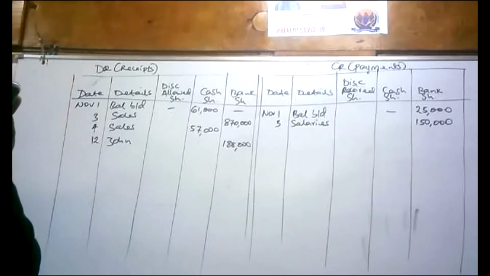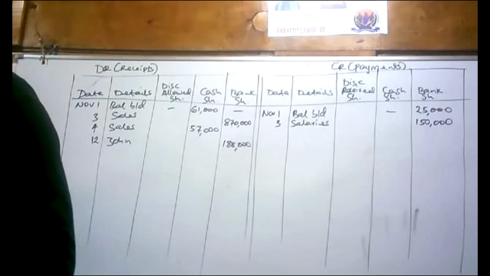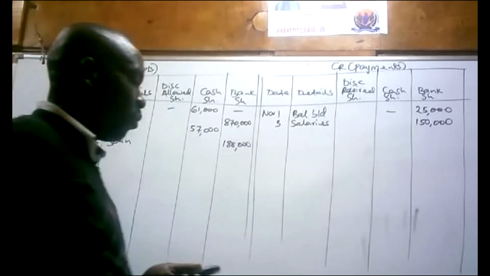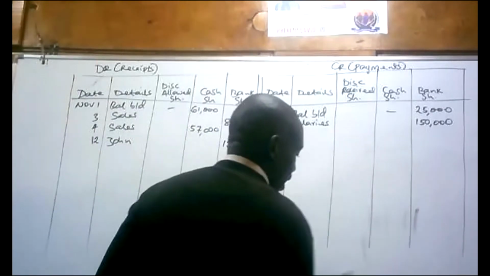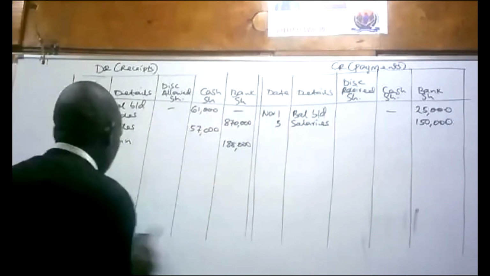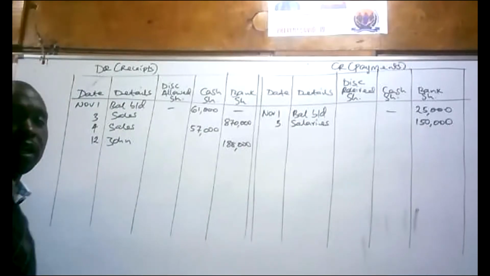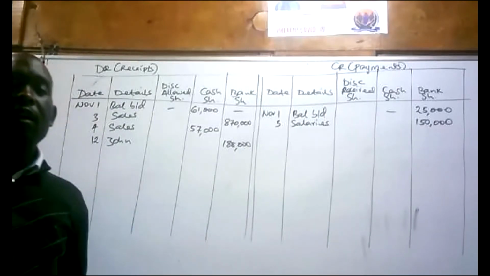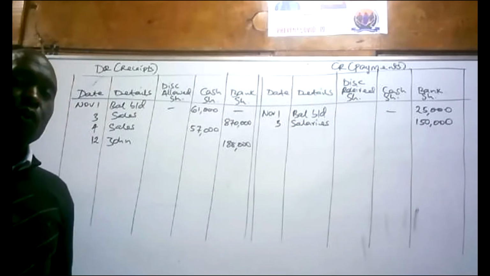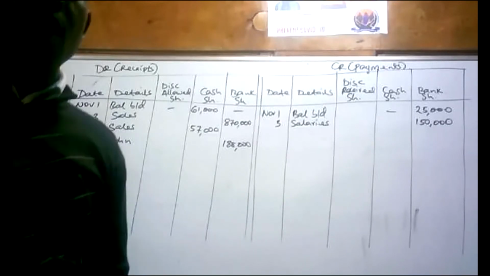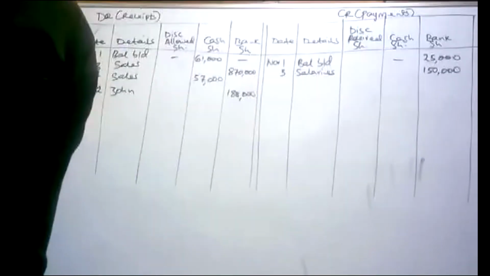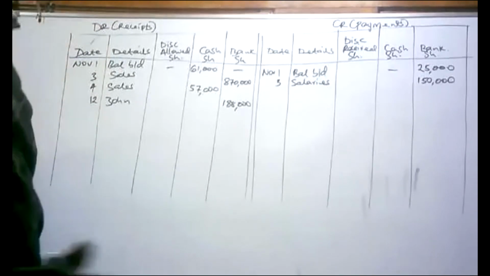After deducting a cash discount of 6%, that part of after deducting is very crucial. After deducting simply means that we received 188,000, but John already has deducted 6%. So whenever you have that part of after deducting, you need to compute the discount that John deducted, because we need that figure to record it under the discount allowed.